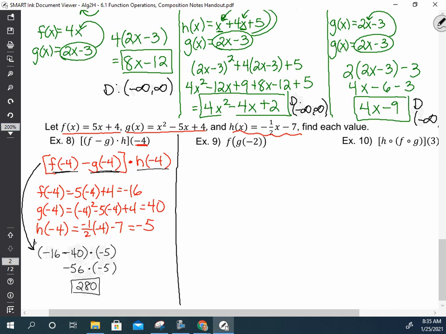So example 9, f of g of -2. So that means you're going to take -2, plug it into the g function. So that's -2 squared minus 5 times -2 plus 4. 4 plus 10 plus 4 is 18.